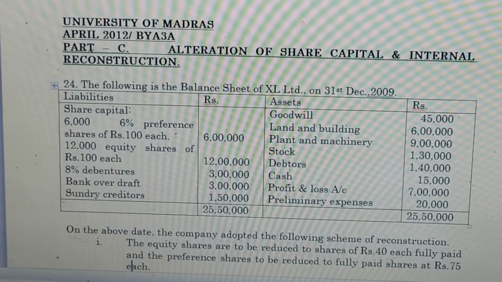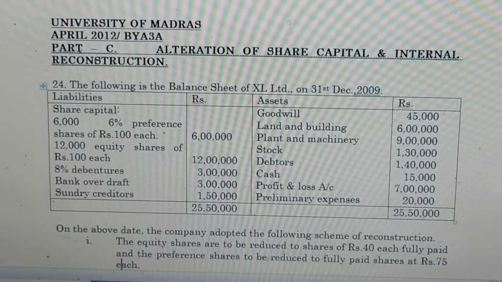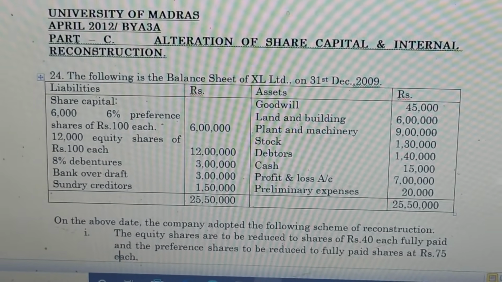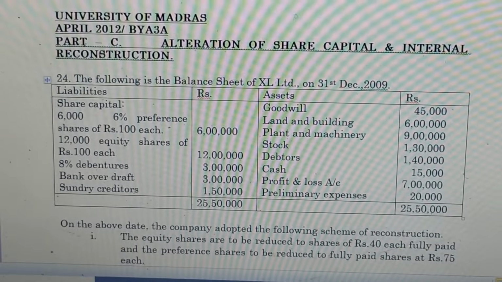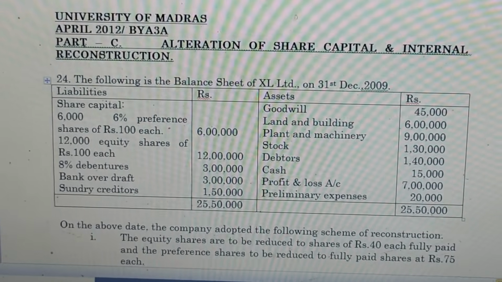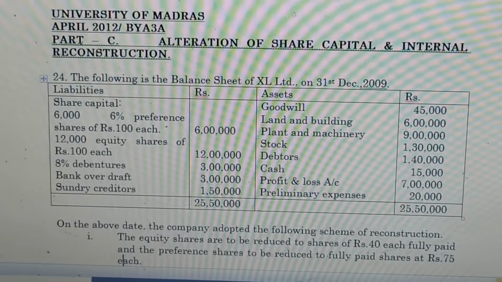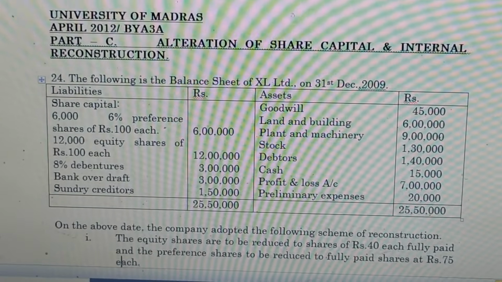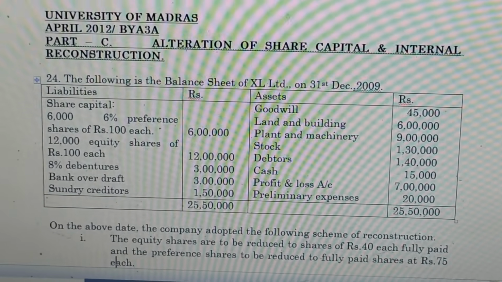The amount of equity share capital is rupees 12 lakhs. And 8% debentures rupees 3 lakhs, bank overdraft rupees 3 lakhs, sundry creditors rupees 1,50,000. The liabilities total is 25,50,000.